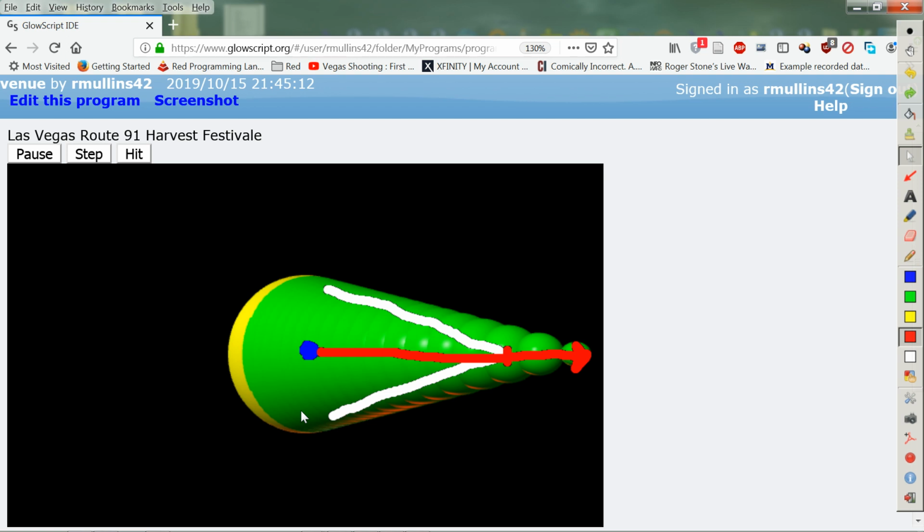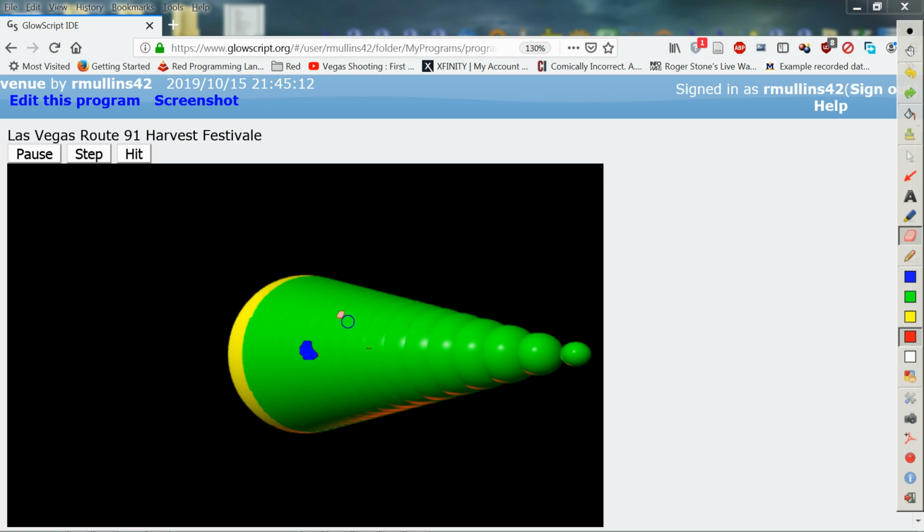Now, all situations are not quite as simple as this one. So, if we were to put an observer here, let's say out here. I do have to write. Yeah, there we go.